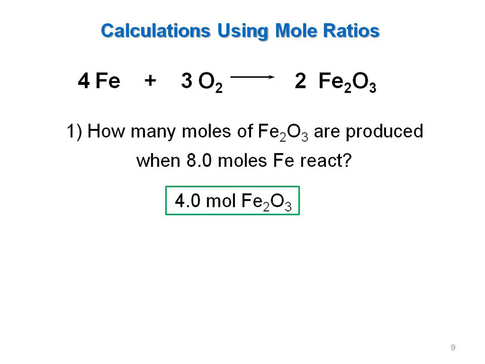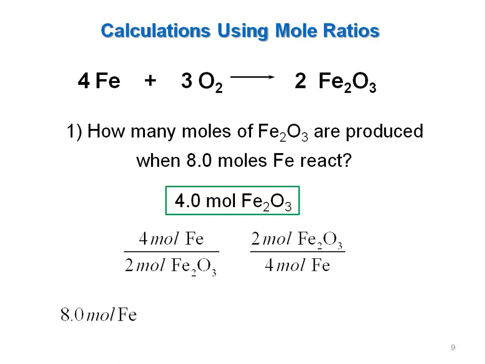To determine how many moles of Fe2O3 we need, 8 moles of iron is proportional to 4, that's double that. So 2, double that, there would be 4 moles. That's a way of setting up the ratio, looking at the equation and inspecting it. So how to show this using proportions, you've got 4 moles of iron to 2 moles of iron oxide. That's the equation.